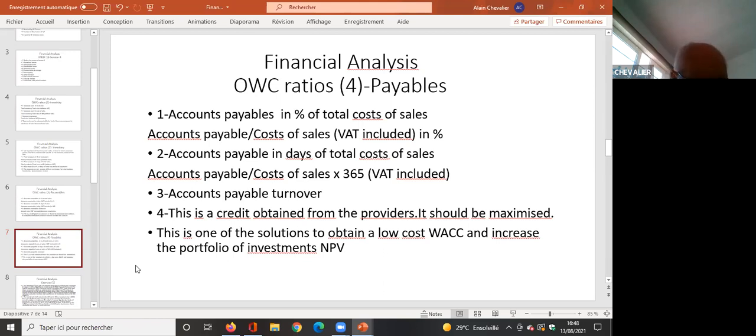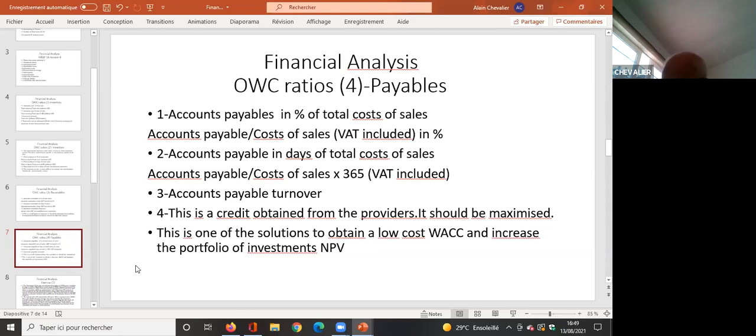When you have growth, you have constraints on workload, and it's more and more difficult to find good and efficient workers. So if you extend the credit on them, of course, they will not be very happy.